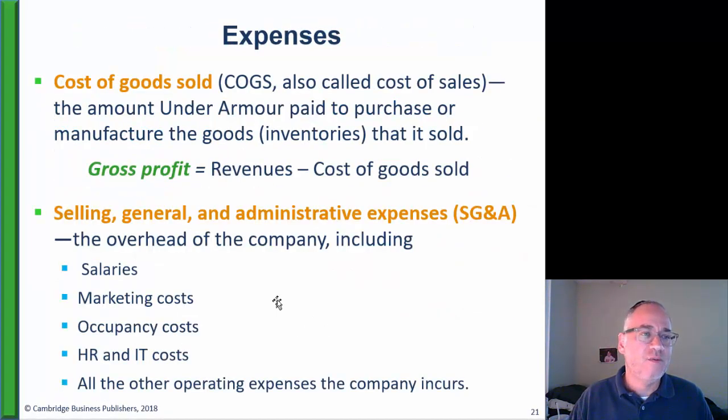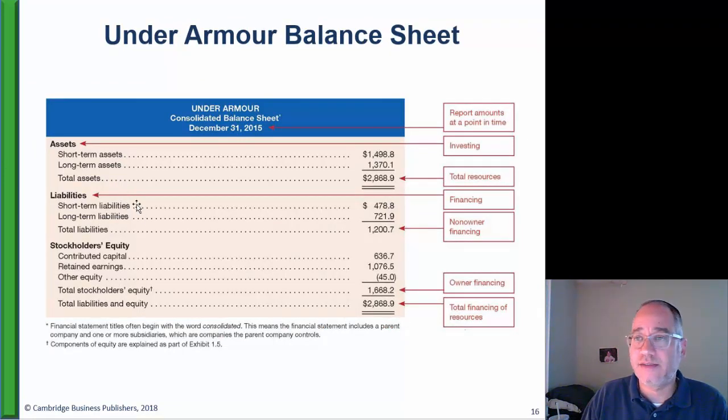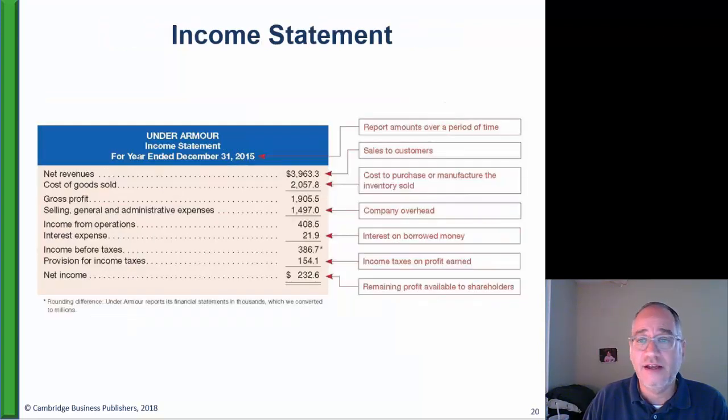In fact, what you would find, for example, with the balance sheet, is that short-term assets and long-term assets tend to be operating activities. Long-term assets tend to be investing activities, and long-term liabilities and stockholders' equity are all financing activities. So the balance sheet really does reflect this idea of operating, investing, and financing.